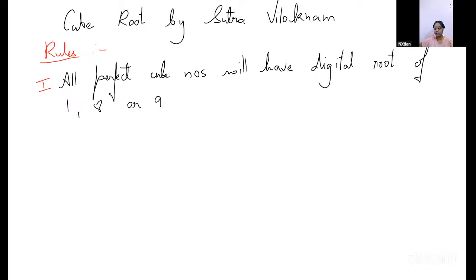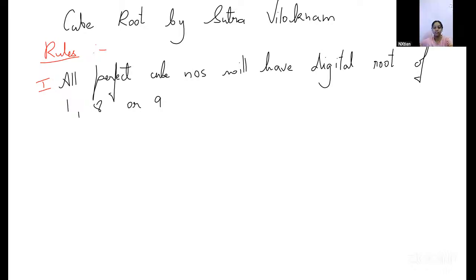That number should come to 1, 8, or 9. If it's coming to 1, 8, or 9, that means it is a perfect cube number. So this sutra is used in the case of perfect cube numbers. That's the first thing.